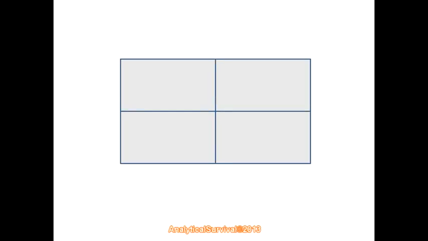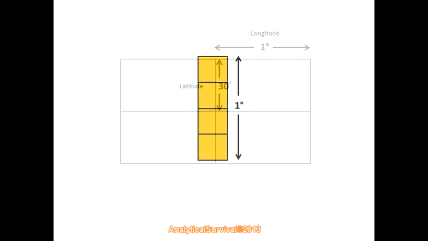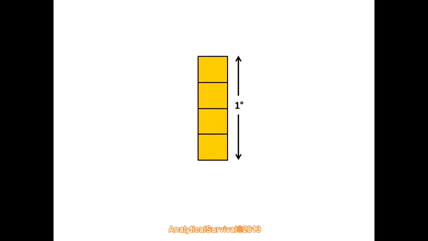Okay, good. Now, in this configuration, one of these quarters measures 30 minutes latitude by 1 degree longitude. Now, note that I said 30 minutes and not a half degree. That's because degrees are properly subdivided into minutes. 1 degree contains 60 minutes. In addition, 1 degree is commonly measured in quarter chunks.